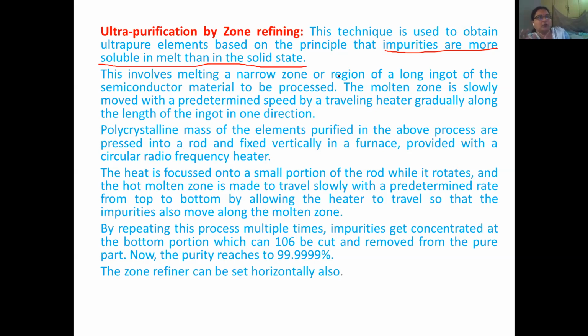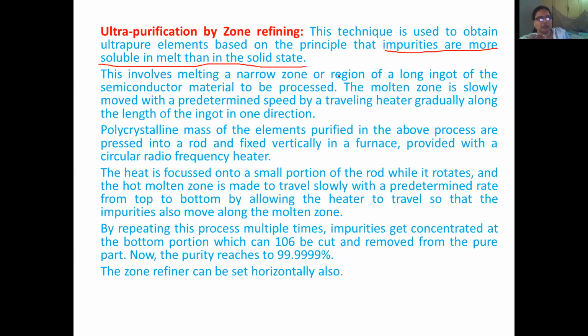Now, this involves melting a narrow zone or region of a long ingot of the semiconductor material to be processed. Suppose we want to prepare a pure germanium or silicon rod. Then we go for the zone refining technique.